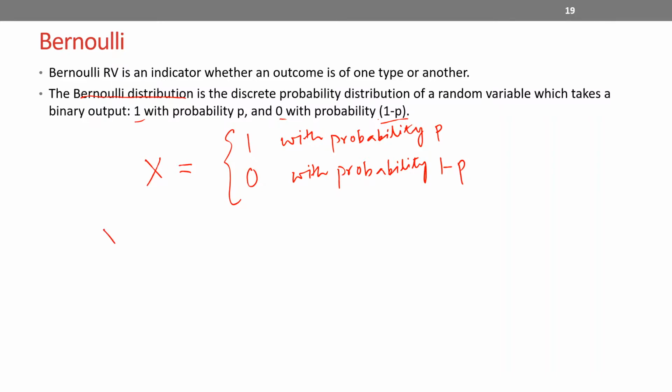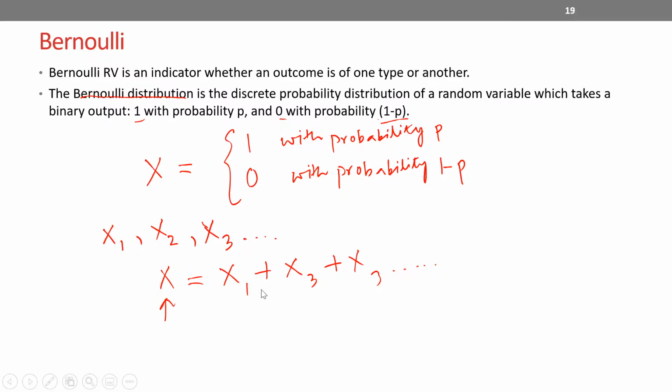These are all Bernoulli, and by the way, these are also referred to as Bernoulli trials, right? So these are all independent Bernoulli trials. But what if I'm interested in this random variable, the sum of the successes or maybe the failures of all of these? So this x is not a Bernoulli random variable, right? So now let's see what this is.